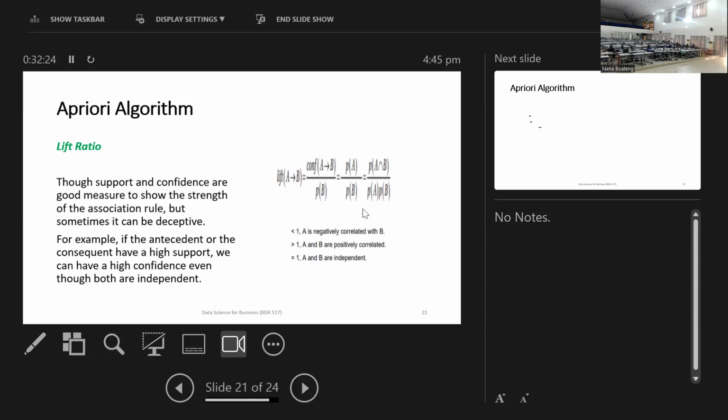Okay. So how do we calculate the lift? The lift is just like the first one. Remember, just pay attention to the one in the straight line. At the top is the support, isn't it? That's the intersection of A and B, that's the support, divided by P(A). Remember, that was the confidence. You remember? So with the lift, we are just adding the probability of B. Does it make sense?